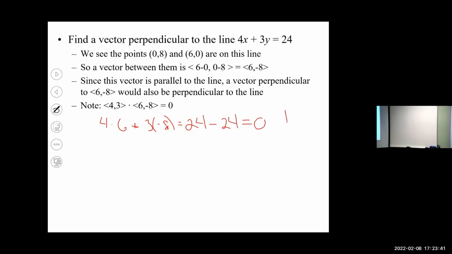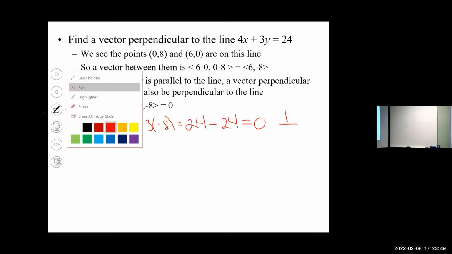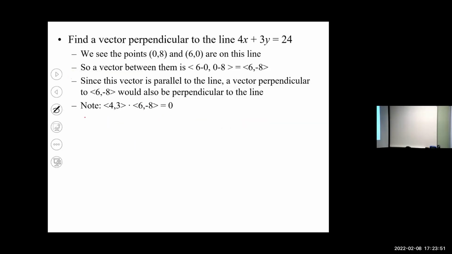So therefore they are perpendicular, right? Nothing crazy going on there. But what do we like about that vector (4, 3) in relation to the original line? We got the 4 right there and the 3 right there. That is not a coincidence.